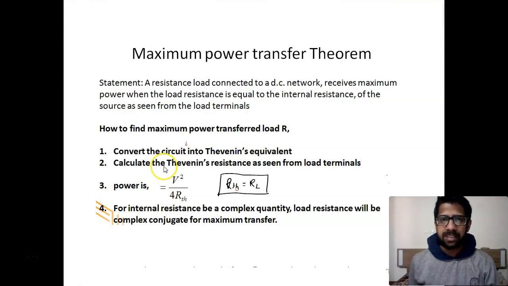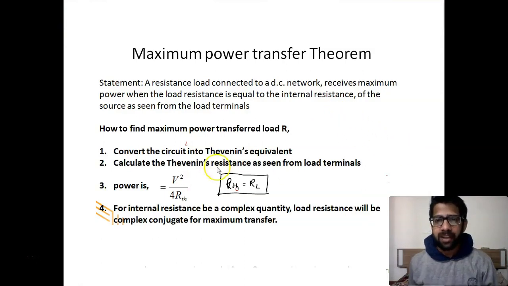To supply this maximum power to our load, what must be the resistance of this load? Because the power is a function of resistances. So according to maximum power transfer theorem, the load resistance should be the complex conjugate of the internal resistance of the source. When the complex conjugates get attached, they form only real resistance, and this real resistance drives the maximum power through your load.